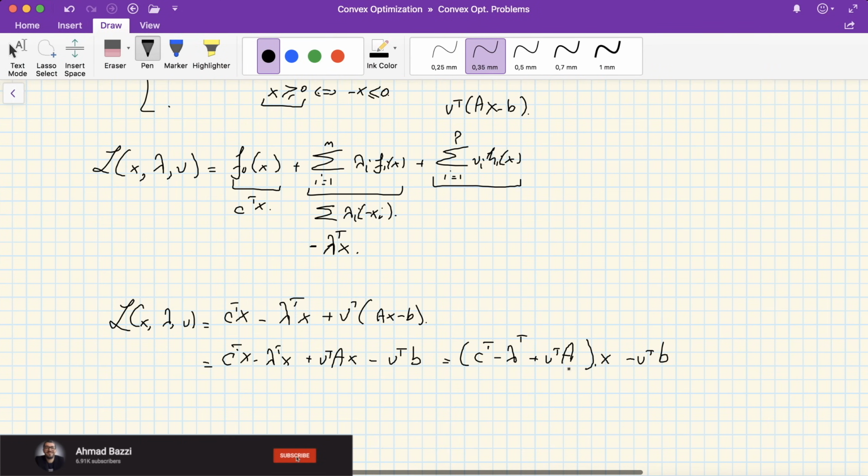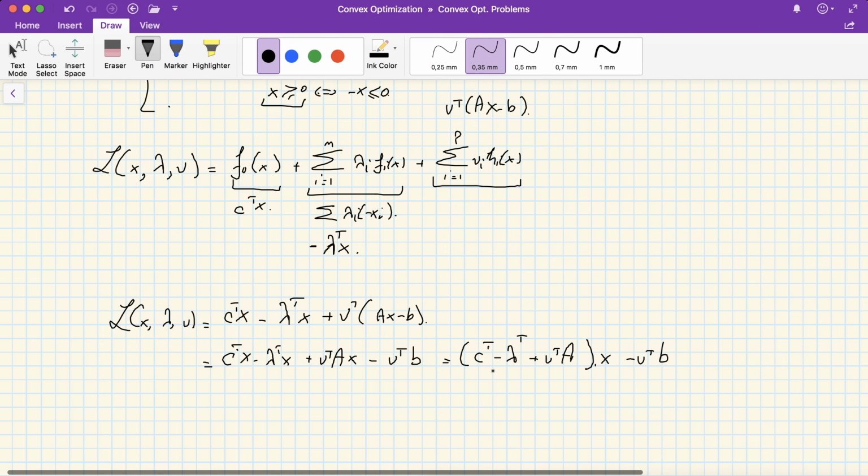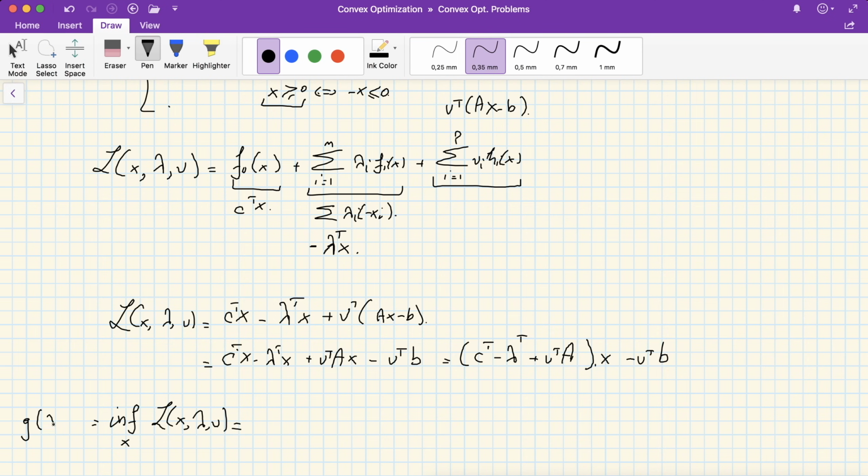Now, note that you can't differentiate here with respect to x because you will get a gradient independent of x. So that means that if you want to find the infimum with respect to x of the Lagrangian function, which is the Lagrangian dual function, right, which is what we're looking for, we've got two cases. If this vector right here is 0, so if c transpose minus lambda transpose plus nu transpose A is equal to 0, that means simply your dual is just this term.